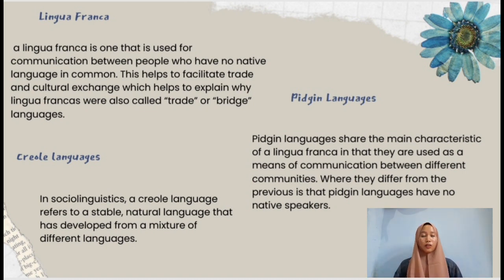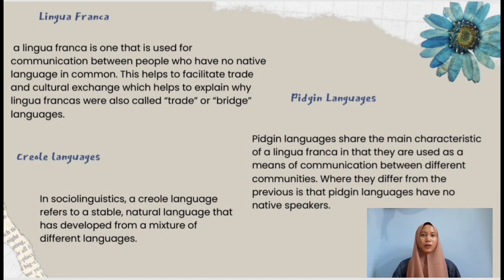Okay, next to Creole languages. In sociolinguistics, a Creole language refers to a stable, natural language that has developed from a mixture of different languages. So, Creoles often emerge in multilingual communities, particularly in situations where people with diverse linguistic backgrounds come into contact and need to communicate.